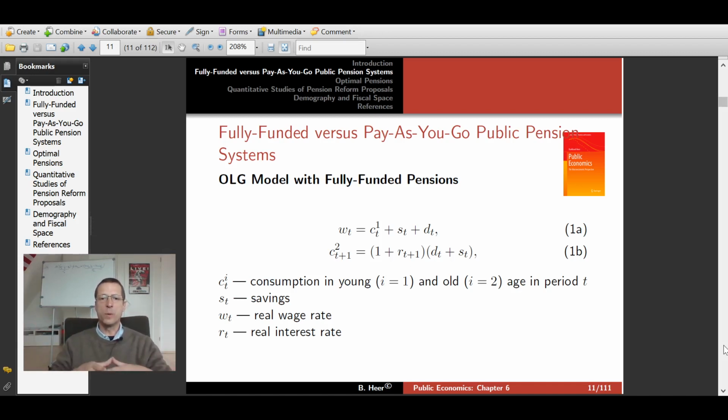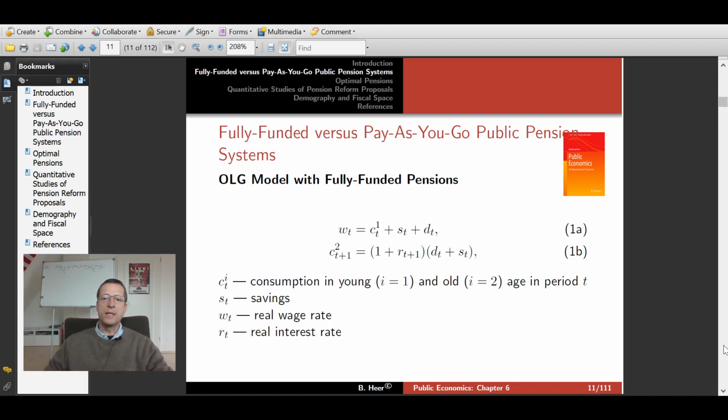And we earn the wage rate WT, so that the wage rate WT, the real wage, is also our real labor income, our earnings. And we spend our earnings on consumption when we are young, so this is the superscript 1 for young and 2 for old age, and the subscript T for the period. So C1T is consumption at young age in period T.